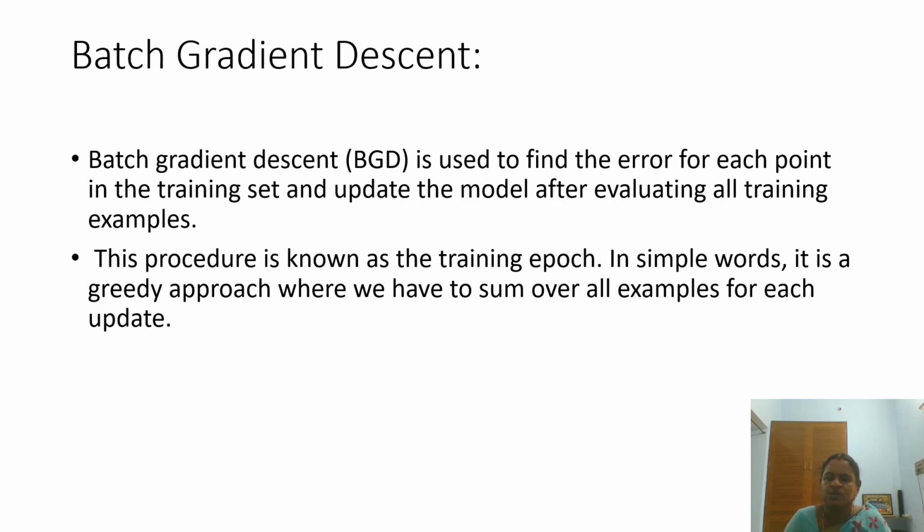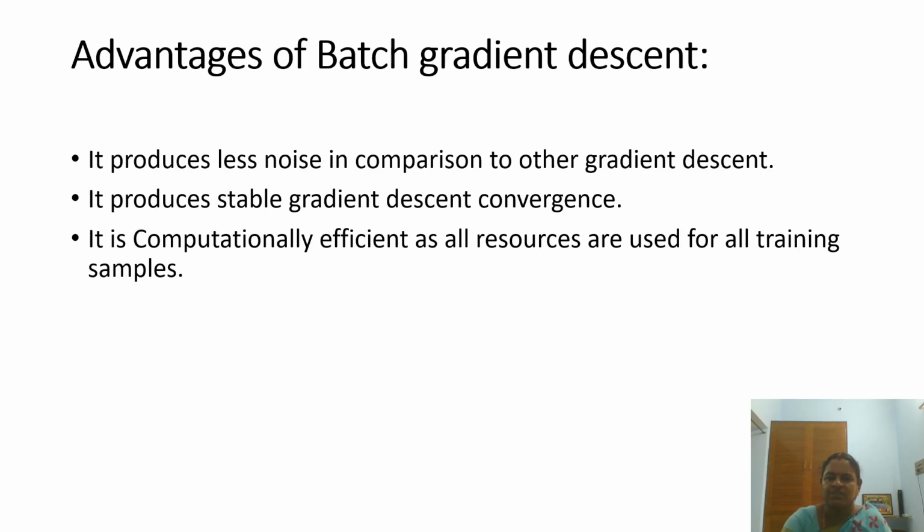This procedure is known as the training epoch. In simple words, it is a greedy approach where we have to sum over all examples for each update. Advantages of batch gradient descent include it produces less noise in comparison to other gradient descents. It produces stable gradient descent convergence. It is computationally efficient as all resources are used for all training samples.